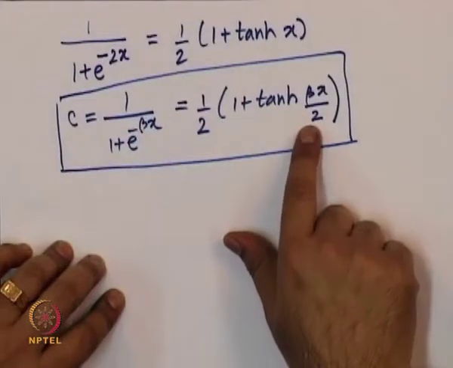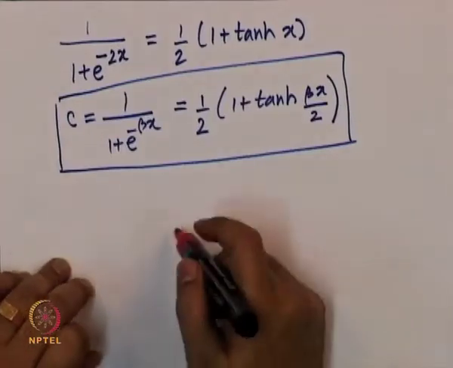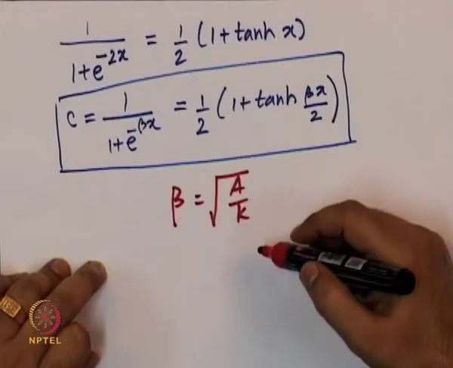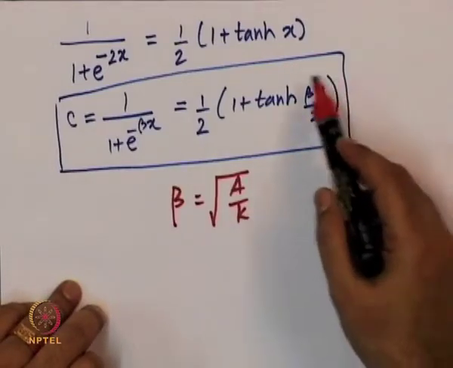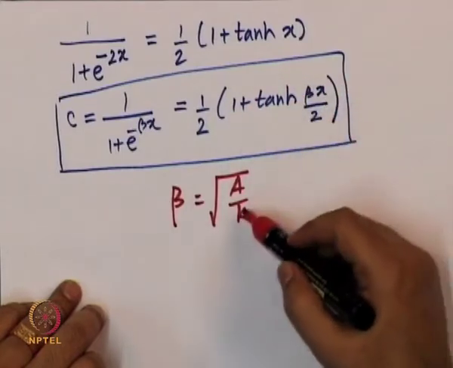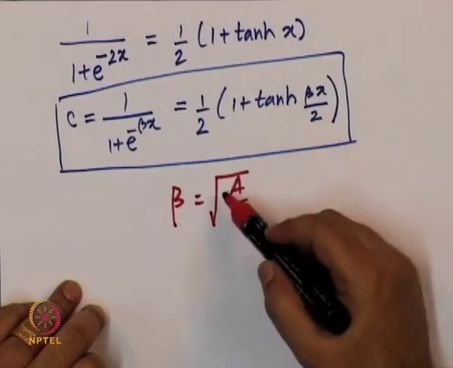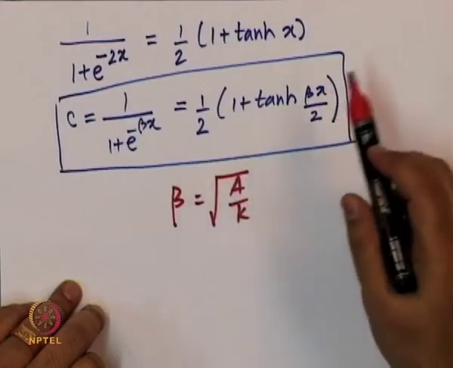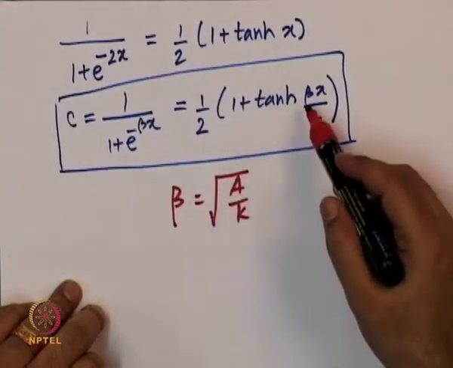Now, from this solution it is clear that beta is A by kappa, right. If kappa is 1, you will have some profile. If kappa becomes 4, then beta becomes half of what the initial one was, then the interface will become wider, because beta basically tells how sharp the tan hyperbolic function is.